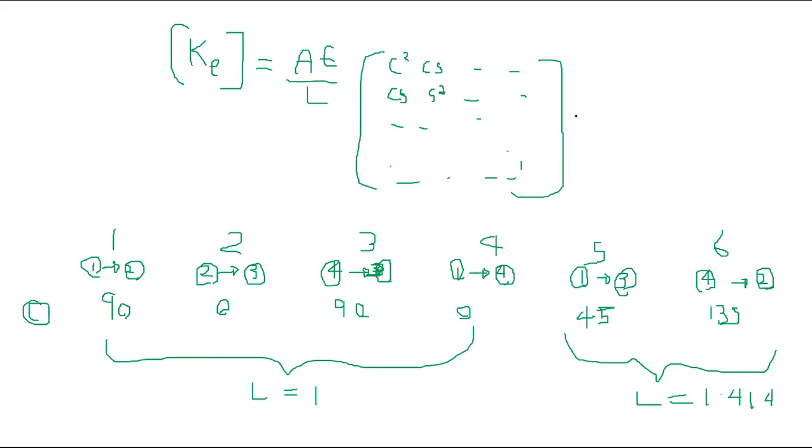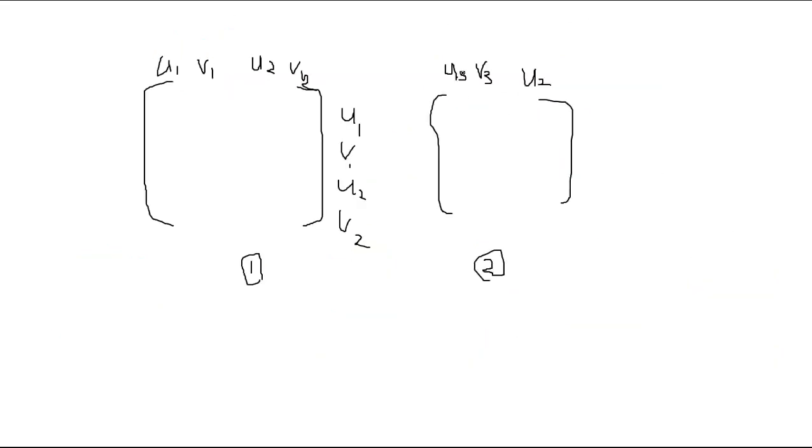Then 2 to 3, right? 2 to 3 means U2, V2, U3, V3.